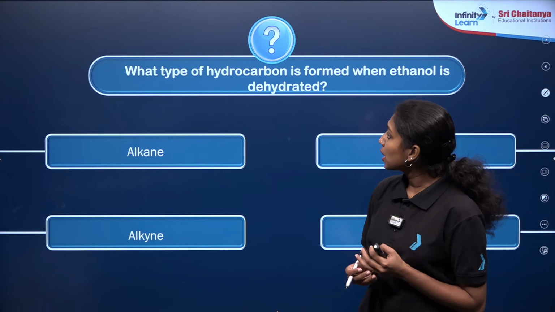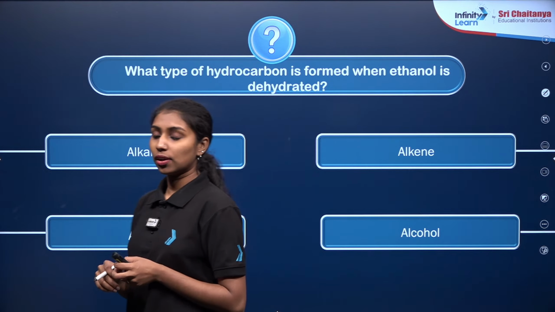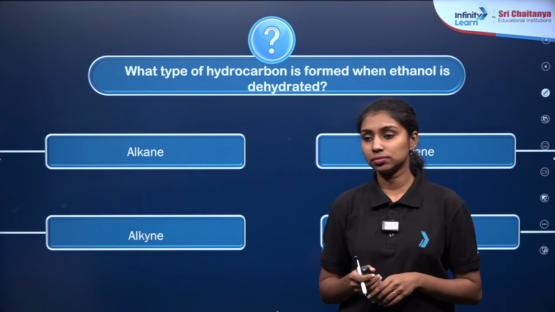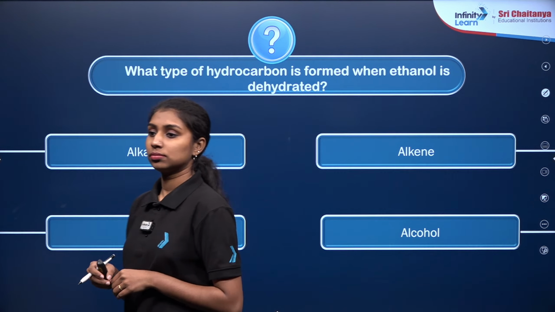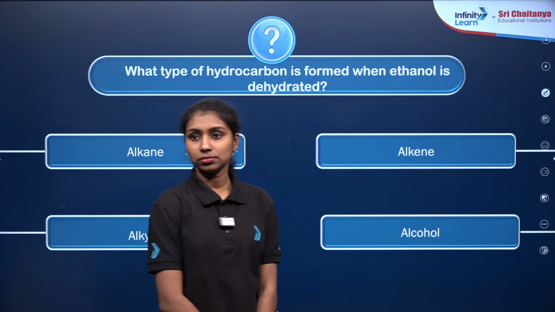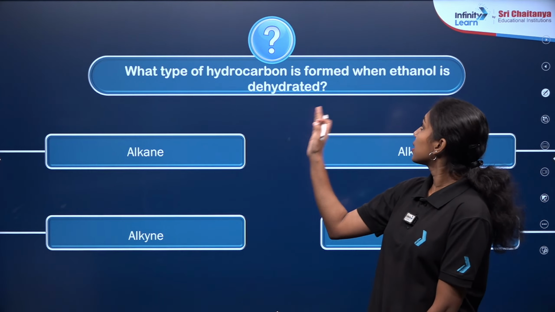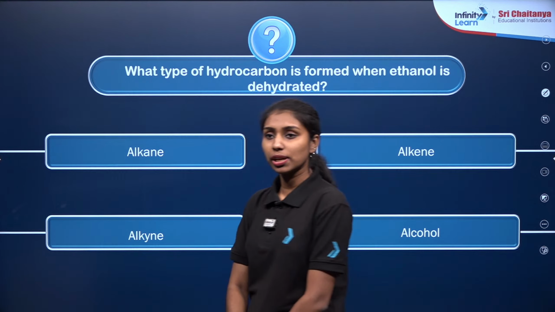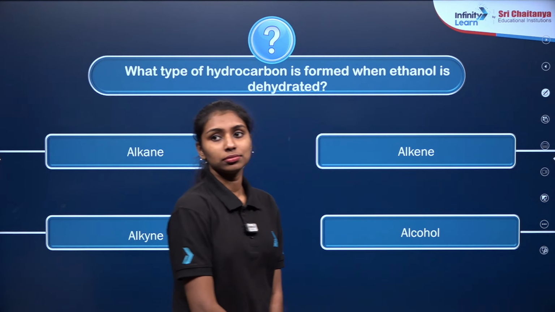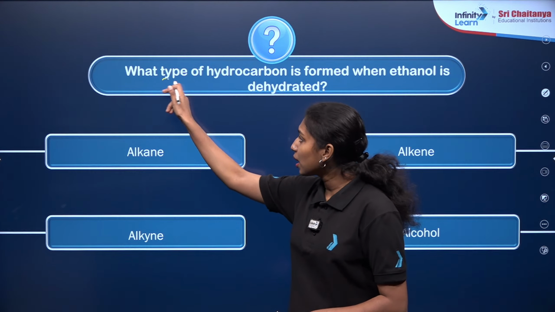What type of hydrocarbon is formed when ethanol is dehydrated? Read the question carefully. We are dehydrating the ethanol. And the question says, what type of hydrocarbon?